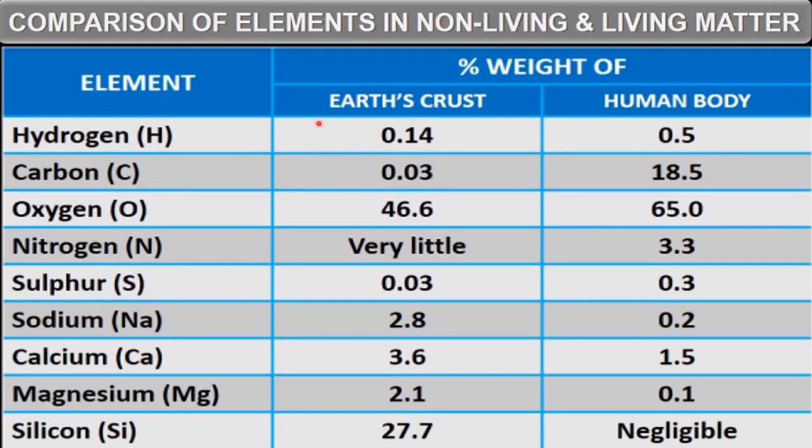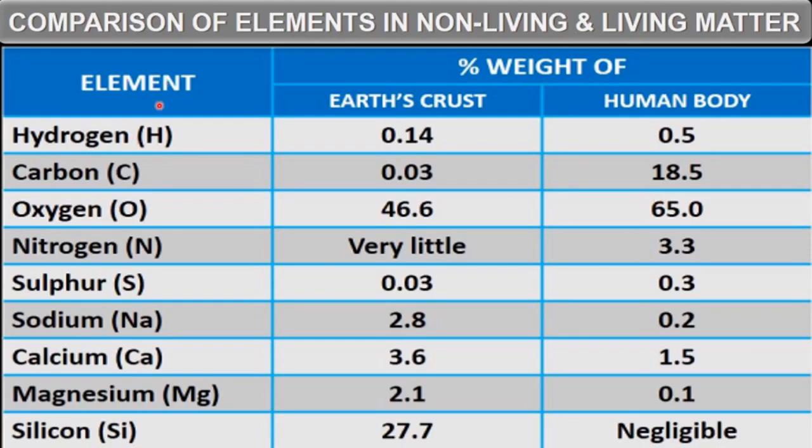Okay, so here the percentage weight of different elements present in Earth's crust is given, and this is the percentage weight of different elements in human body. So by the comparison we can compare the percentage weight of these elements in non-living and in living matter, right?